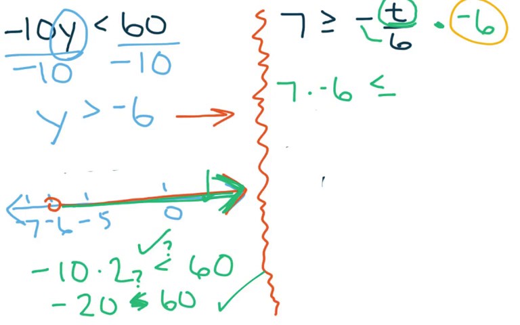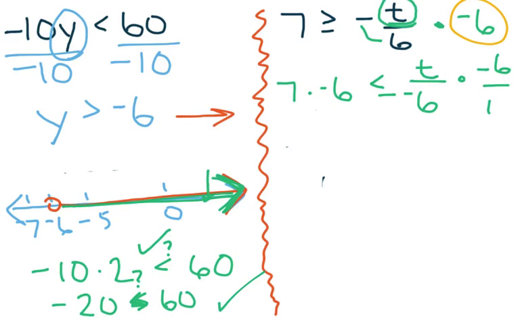Is less than or equal to now, since I flipped it, -t over 6, or t over -6, either way you want to think about it, times -6. Let me move that actually down towards the bottom so that you know I'm thinking of that 6 as the negative so that I can undo it to have t as the positive. Does that make sense to you?